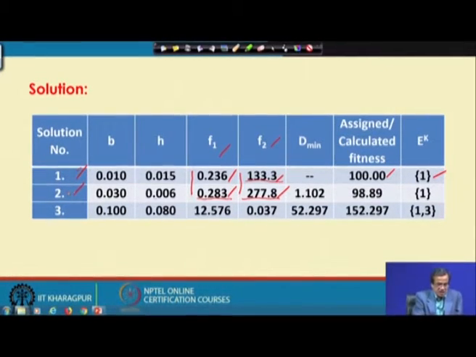That means the second solution is a dominated one with respect to both F1 and F2. So, this second solution is not going to enter the non-dominated set. The non-dominated set will contain only solution 1.